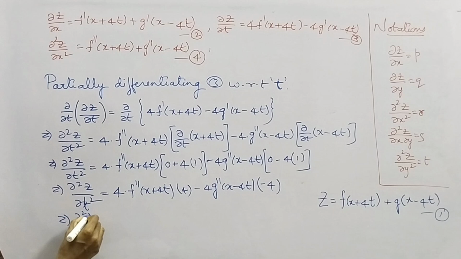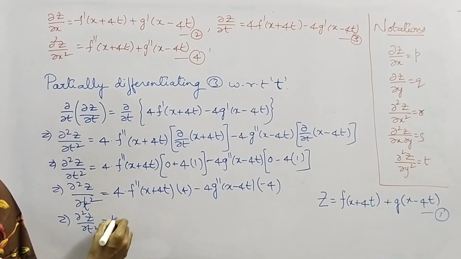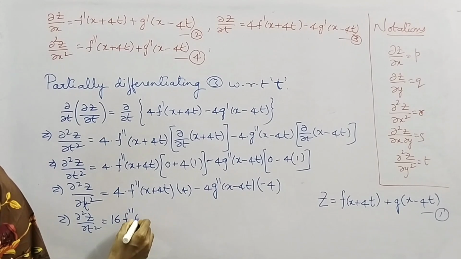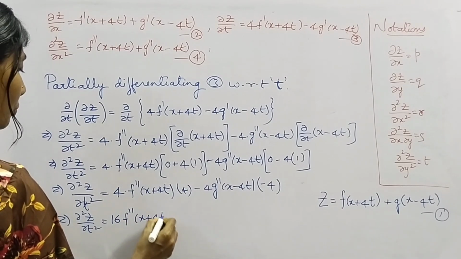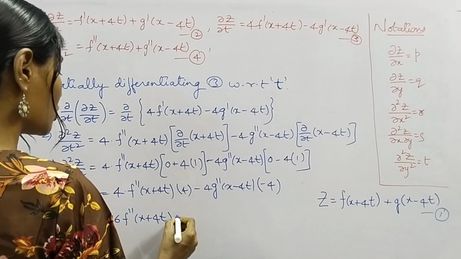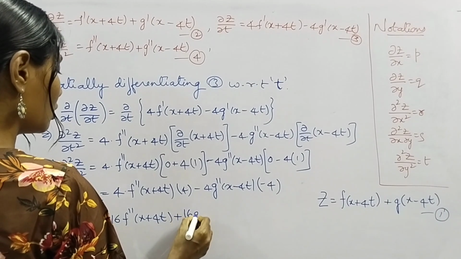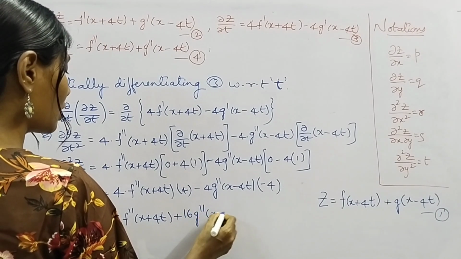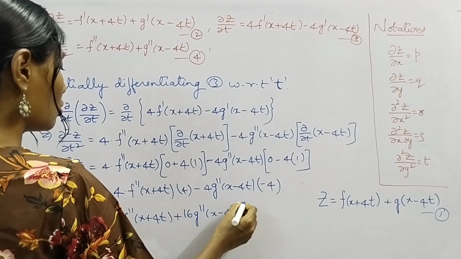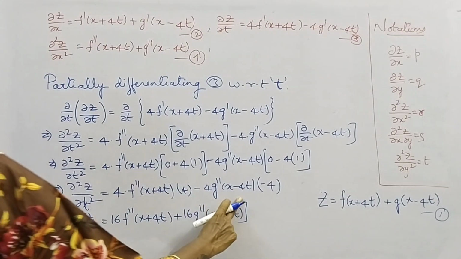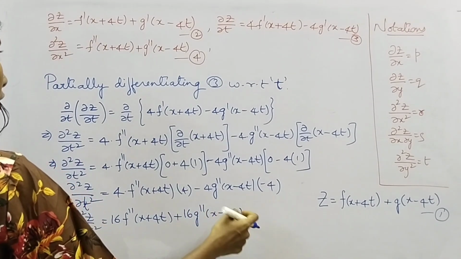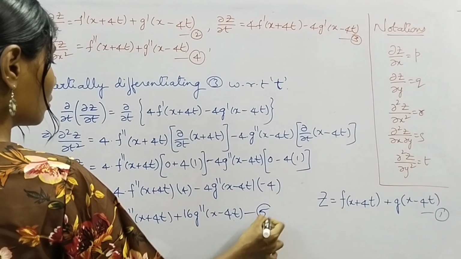This gives us dou square z by dou t square equal to 4 fours are 16 f double dash of x plus 4t minus 4 into minus 4 plus 16 into g double dash of x minus 4t. Consider this as equation number 5.